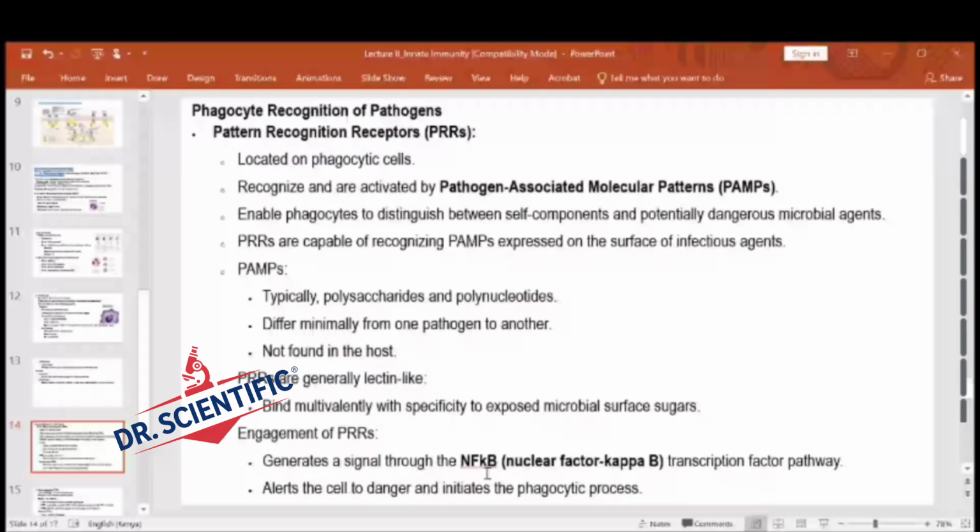There's a signal transduction initiated through NF-kB, nuclear factor kappa B. This is a transcription factor, and through this nuclear factor kappa B there is a signal to initiate phagocytosis.